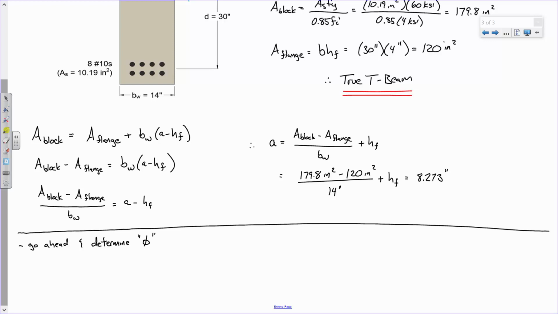We start off with C, that is what? 9.73. And then we calculate epsilon sub t. Exact same formula as before.